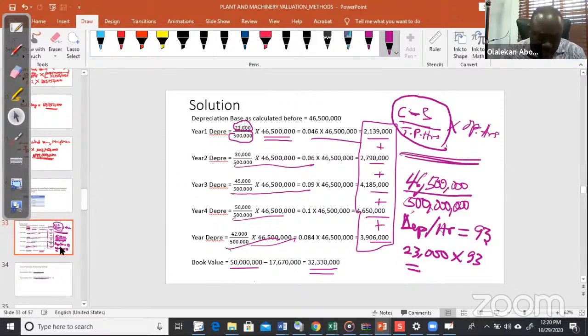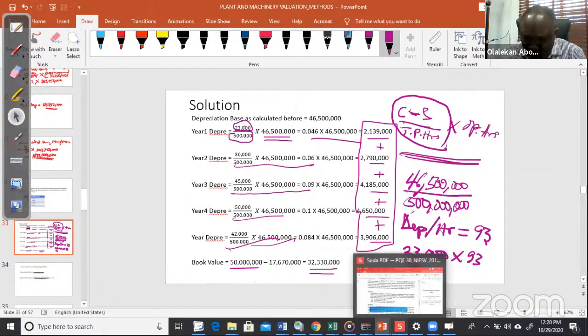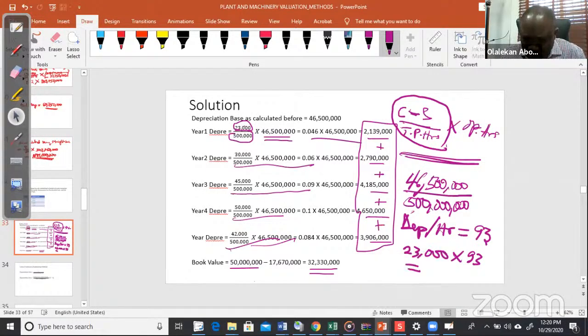So I have 23,000, right? 1, 2, 3. So that gives me, with my own calculator, you can do your calculator too, 2,139,000.